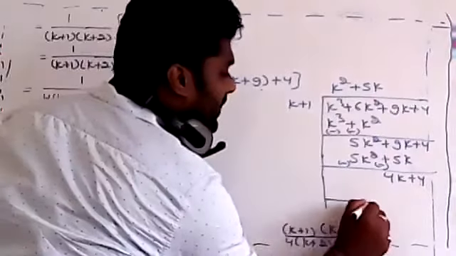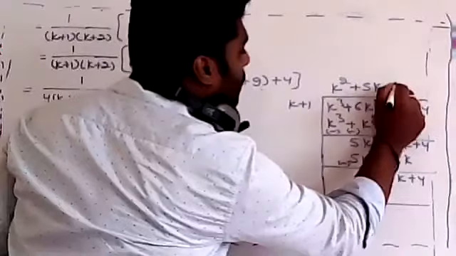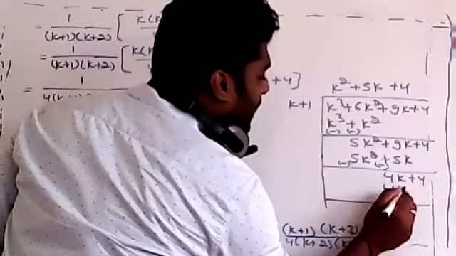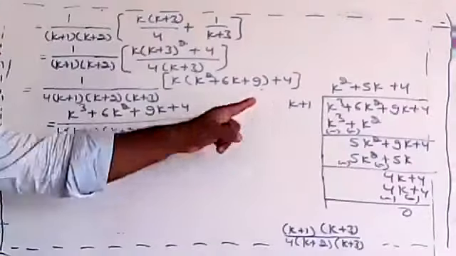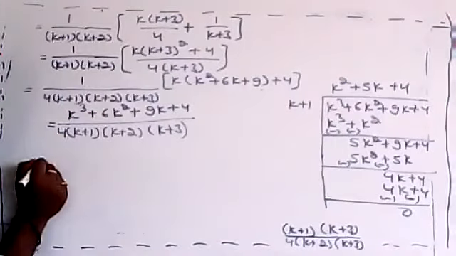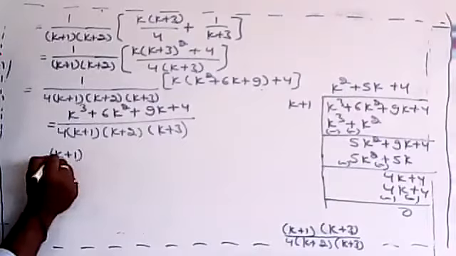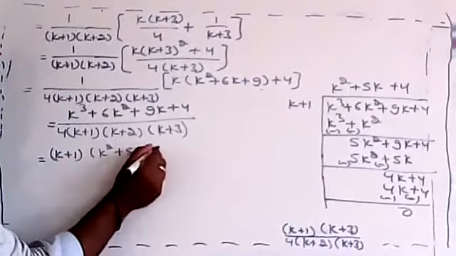Next, last step, that one. So for balancing this one, we have to take what? Plus 4. So we'll get 4k plus 4. If we change the sign, we'll get 0. So this one we write as what? K plus 1 into k square plus 5k plus 4.